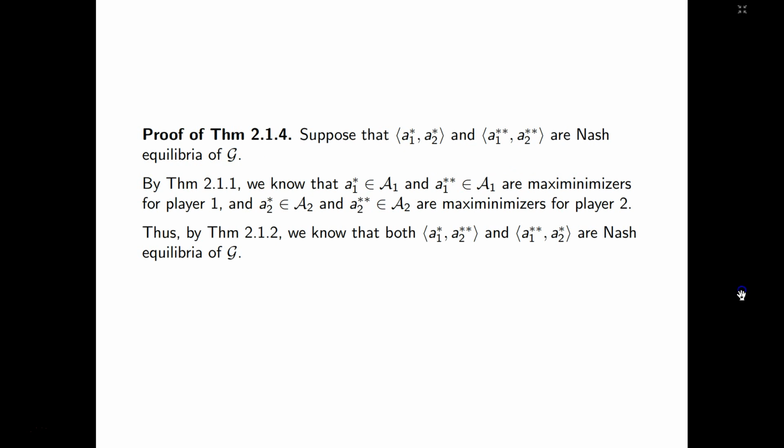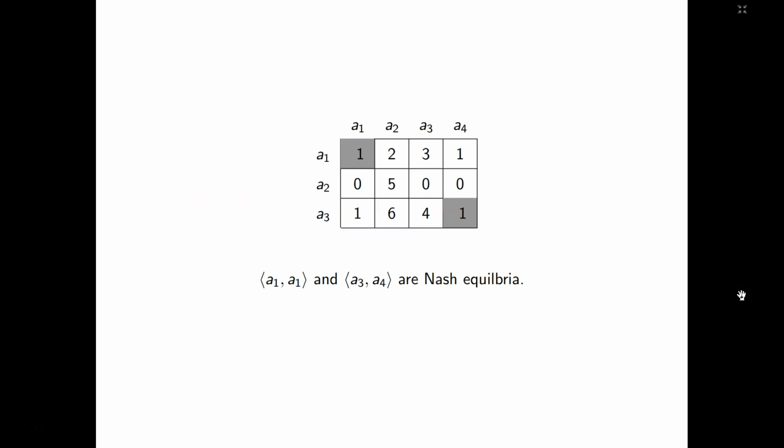And we can give a proof of that, but I'm also not going to work through that. This essentially just says that if A1, A2 is a Nash equilibrium, and A3, A4 is a Nash equilibrium, then A1, A4 also must be a Nash equilibrium, and A3, A2 also must be a Nash equilibrium. That's what the coordination theorem is telling us.